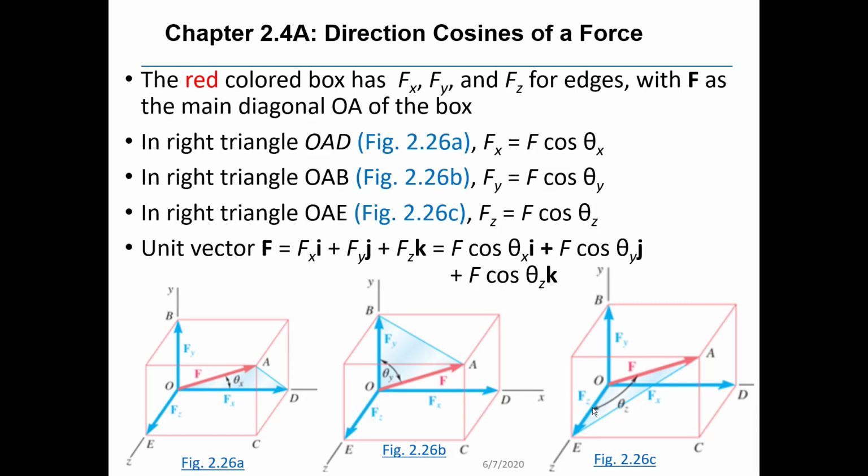We can write the force vector F as f sub x times i plus f sub y times j plus f sub z times k, and substituting for f sub x, f sub y, and f sub z, we can put our cosine theta sub x in there, and our cosine theta sub y, and our cosine theta sub z, and multiply respectively by i, j, and k.